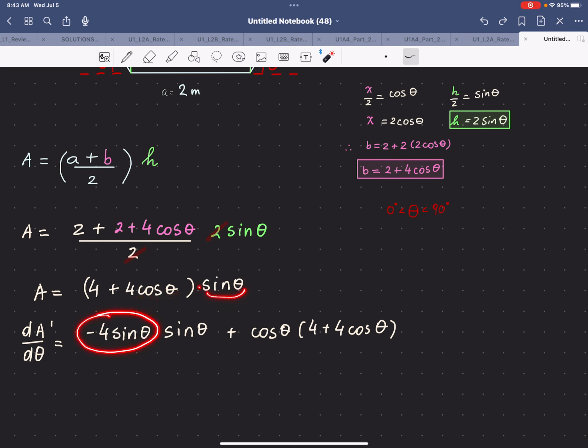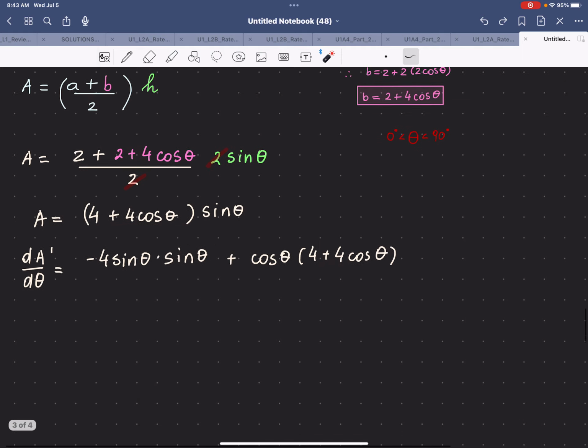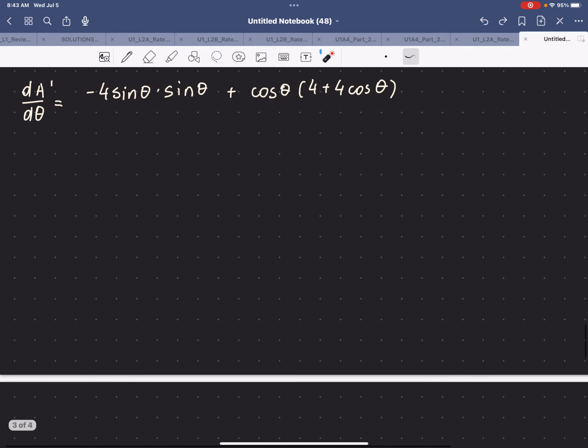So this would be the derivative of the first factor multiplied by sine theta, and then plus the derivative of sine, which is cosine, multiplied by 4 plus 4 cos theta. So this would be the derivative. Next, we will simplify it: negative 4 sine squared plus 4 cosine theta plus 4 cos square theta.